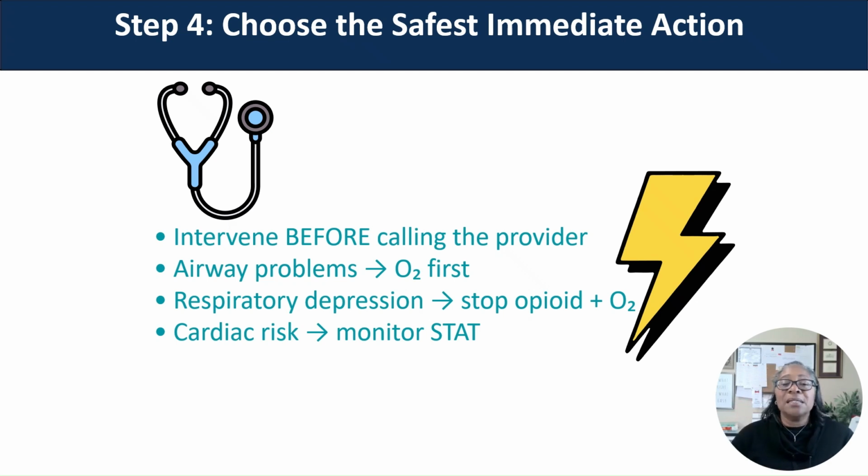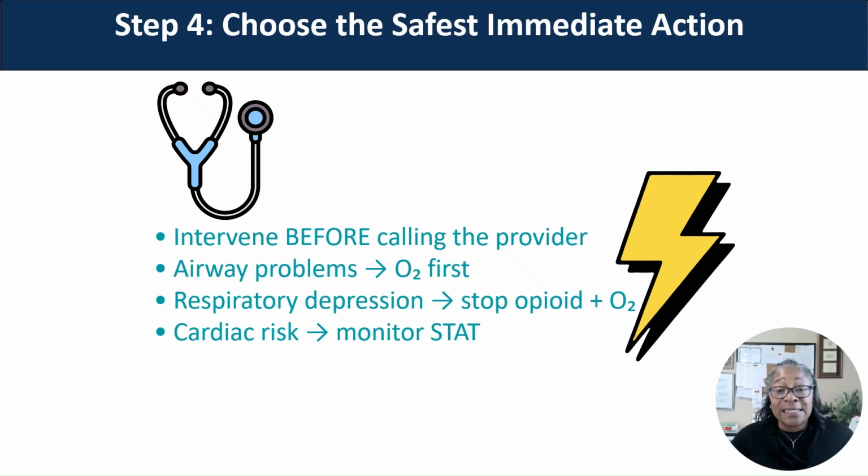If their MAP is 58 and a fluid bolus is ordered, give the fluid bolus, raise the legs unless it's contraindicated, and then call the provider. Never choose notify provider when a nursing action comes first, unless the problem requires a new order.